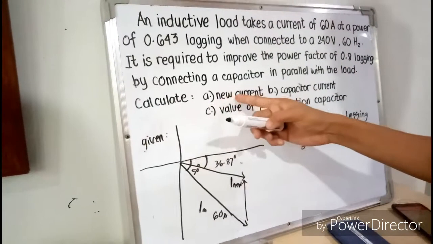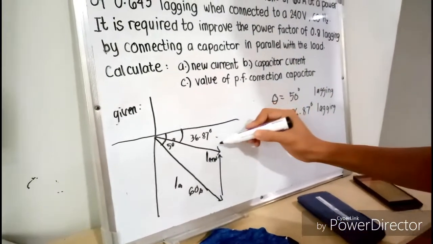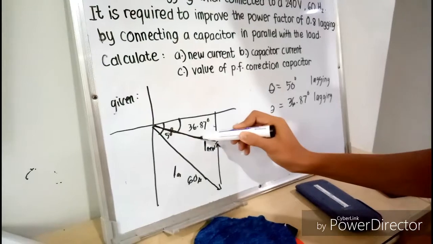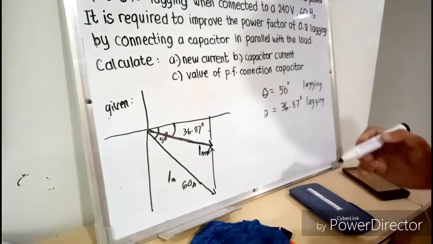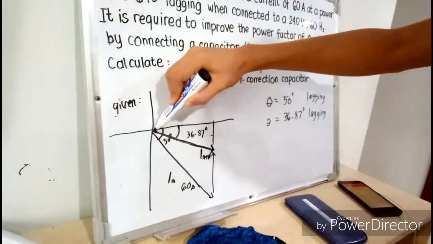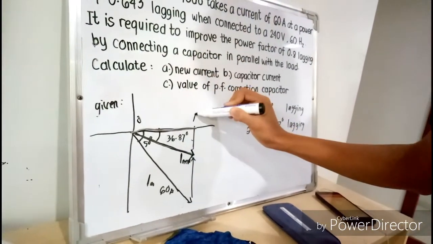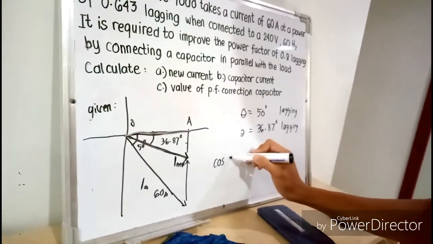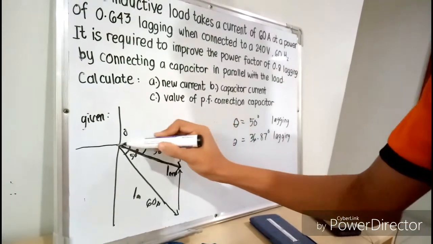So in A, let's solve for the new current. How to get this new current? Let's first solve this from 0 to A, using cosine.